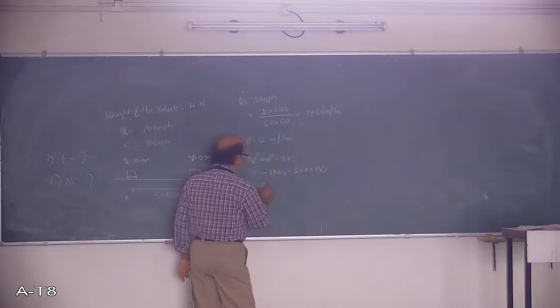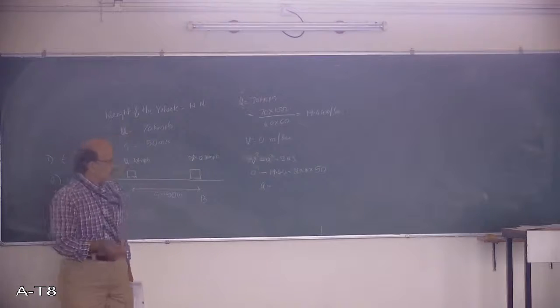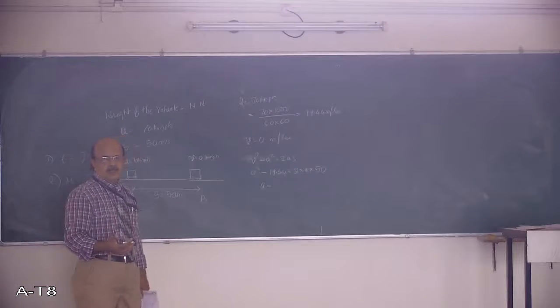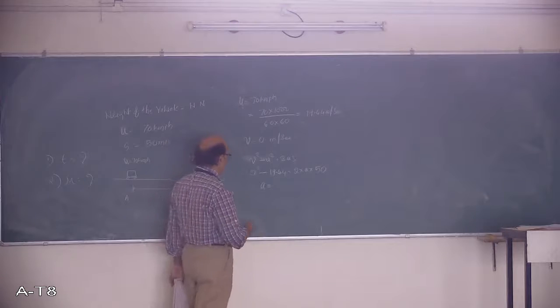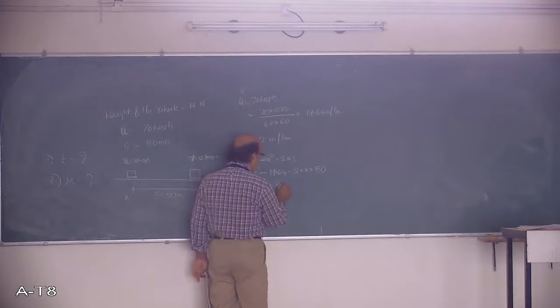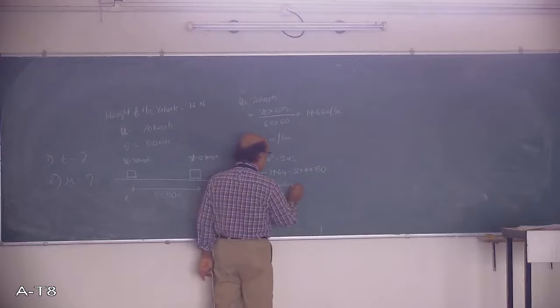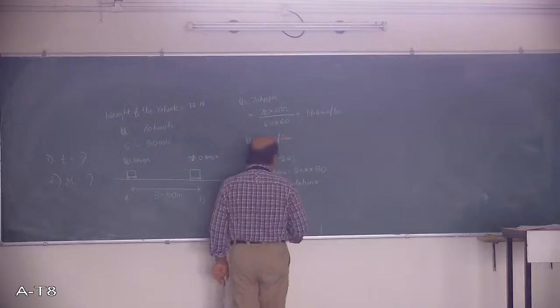If it is increasing the velocity, then I call it acceleration. Here it decreases to 0, therefore instead of acceleration I call it retardation, and that is equal to A.